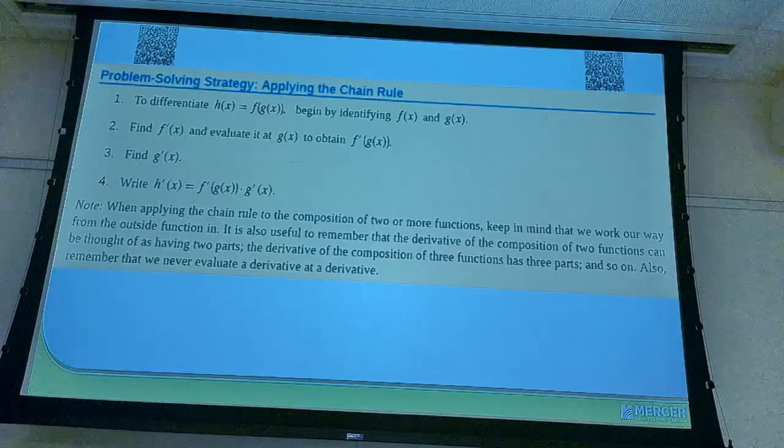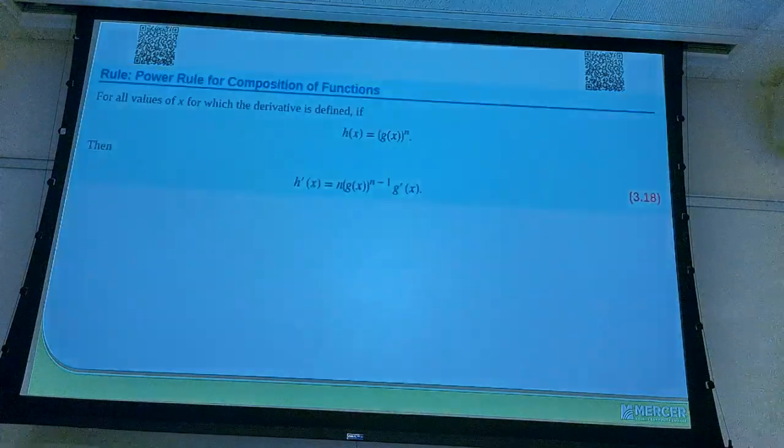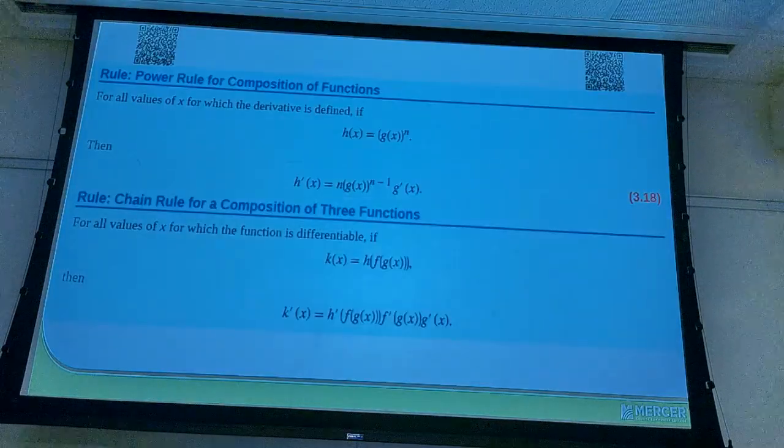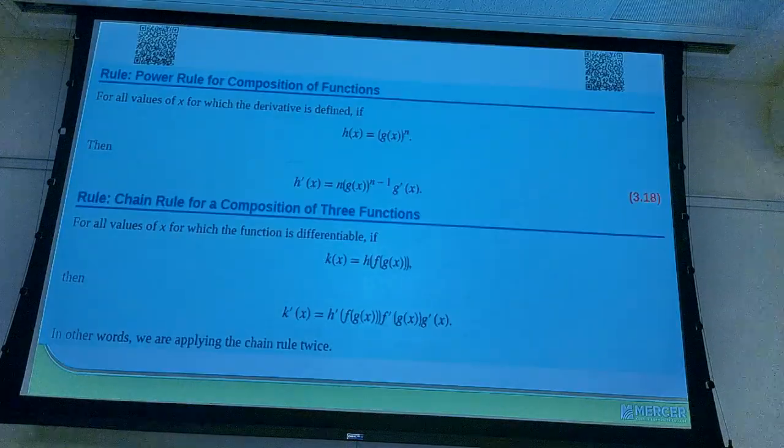With the chain rule, we can now introduce the rules previously seen in their more general form. So for instance, this is the general power rule: d/dx of u to the n is n u to the n minus 1 times u prime. This is chain rule for if you have 3 functions in the composition, so the chain rule applies twice.